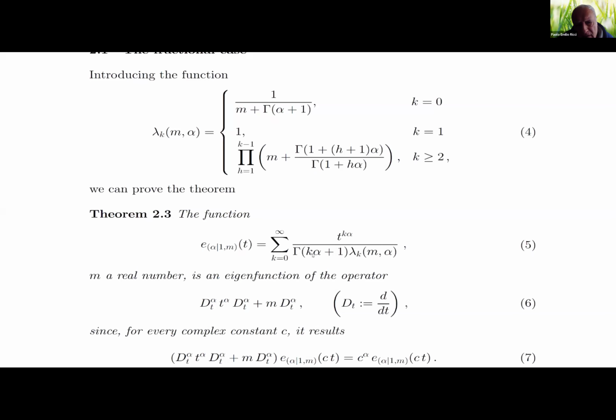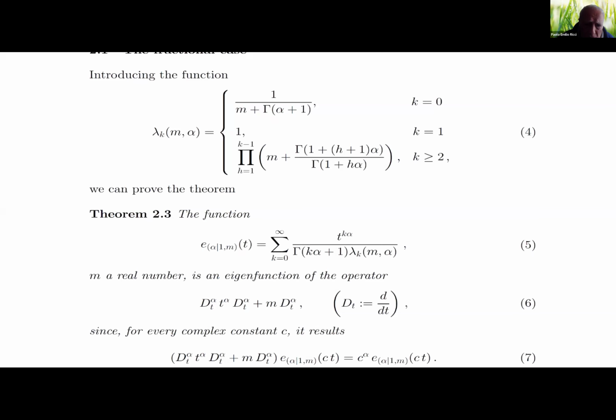Instead of gamma square, you have to put gamma multiplied by this function. This function is defined in a more complicated way. This is m plus 1 over m plus gamma alpha plus 1, with k over 0 being 1, with k over 1 given by a complicated product when k is greater than 2.